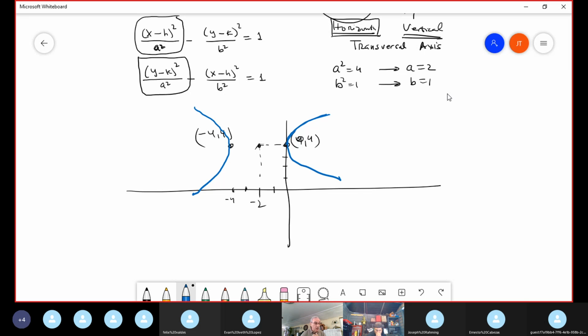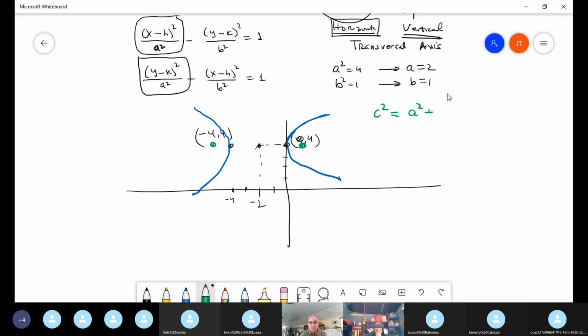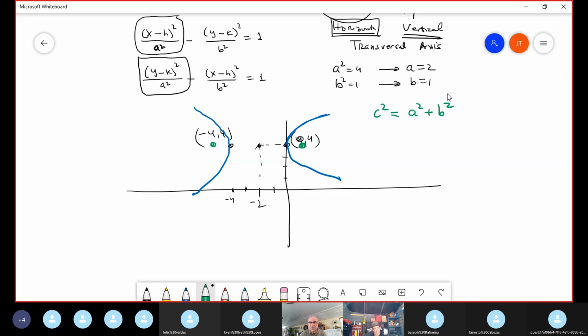Super important is the location of the foci. The foci are located inside the branches, at distance c. I don't have c in my hand, but we compute it. c squared is equal to a squared plus b squared. Be careful with the formula, hyperbola has a different formula. So c squared is 4 plus 1, which is 5, therefore c is radical 5.